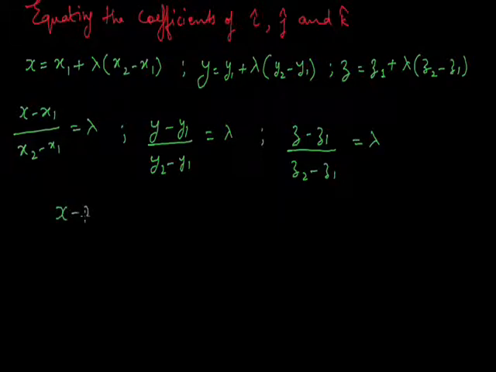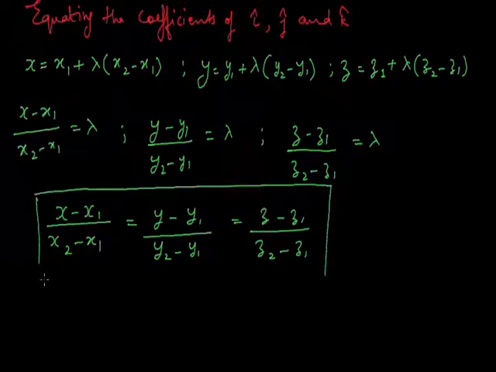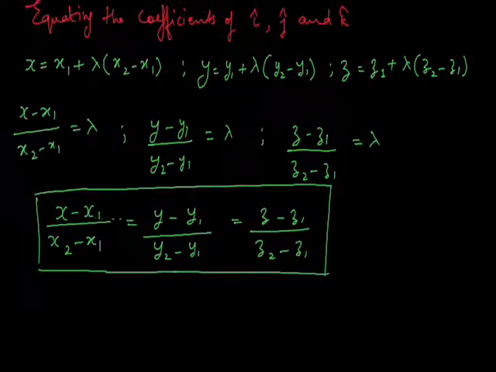So it will become x minus x1 upon x2 minus x1 equals y minus y1 upon y2 minus y1 equals z minus z1 upon z2 minus z1. So this is the required equation of a line in Cartesian form, where x1, y1, z1 are the coordinates of one point, and x2, y2, z2 are the coordinates of another point.